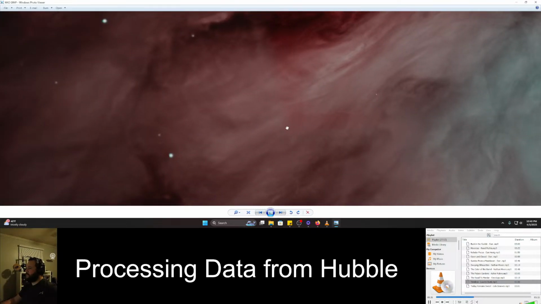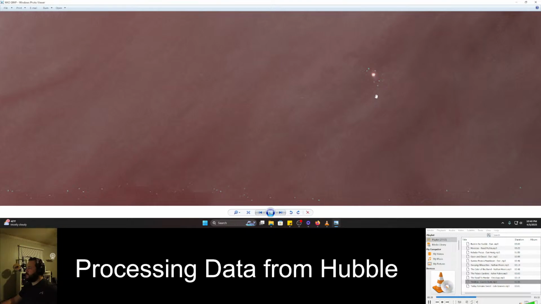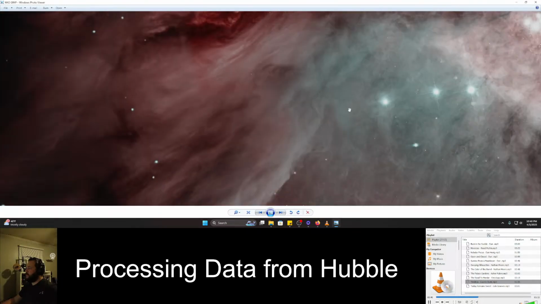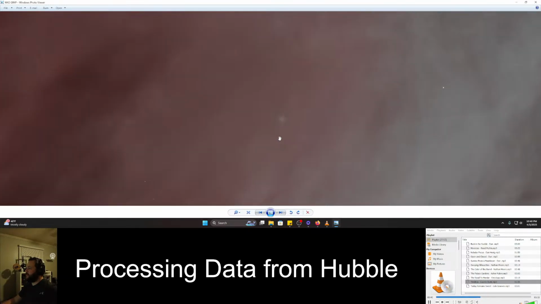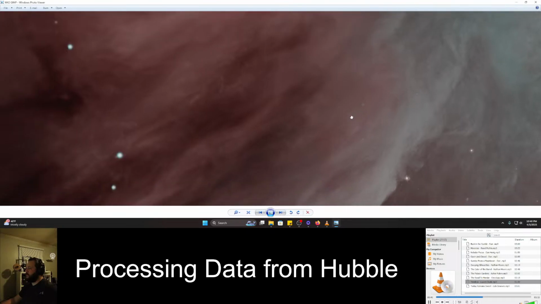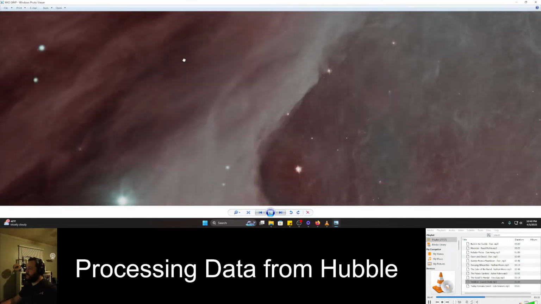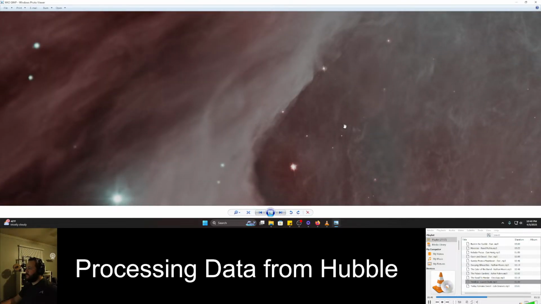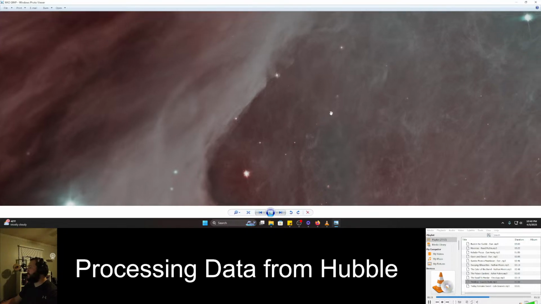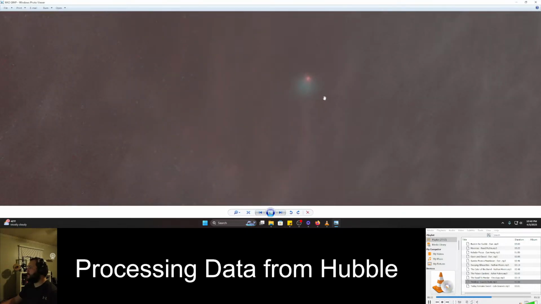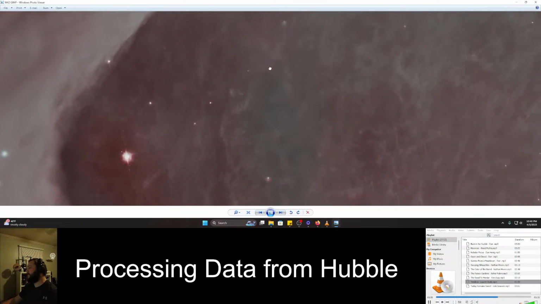Because when baby stars are born, they just emit massive amounts of radiation from their poles. I wonder if this is actually coming from that star.